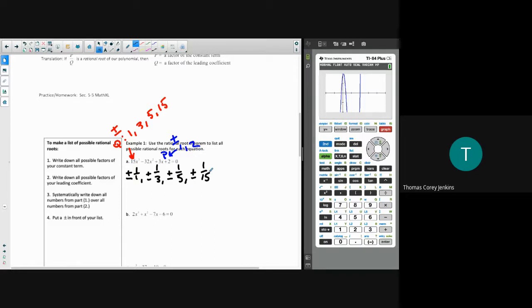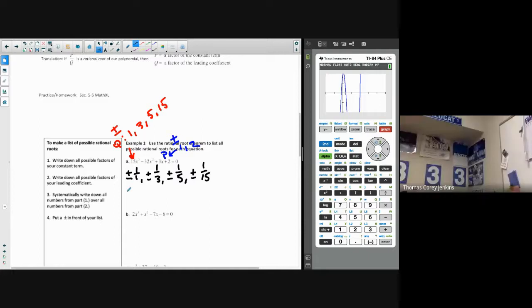This looks like 4, but it's actually 8 possibilities based on that set of P over Q. Then we do the 2's over all those: plus or minus 2 over 1, plus or minus 2 over 3, 2 over 5, and 2 over 15.